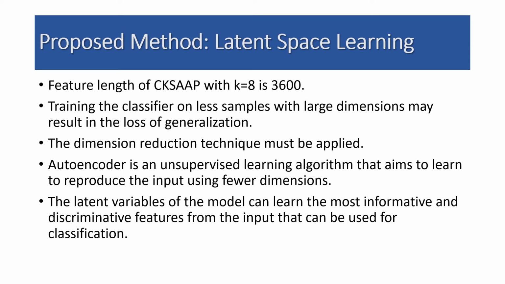But training the classifier on fewer samples with large dimensions may result in loss of generalization for new samples. Therefore, we intend to achieve a satisfactory prediction using a reduced feature vector. The dimension reduction can be carried out using several techniques, including principal component analysis, Youden Index, and mutual information.